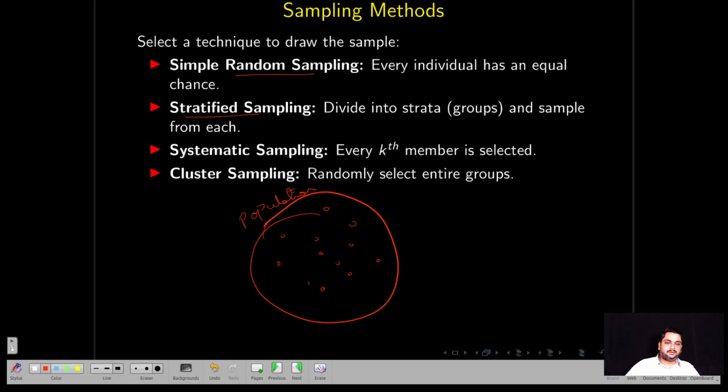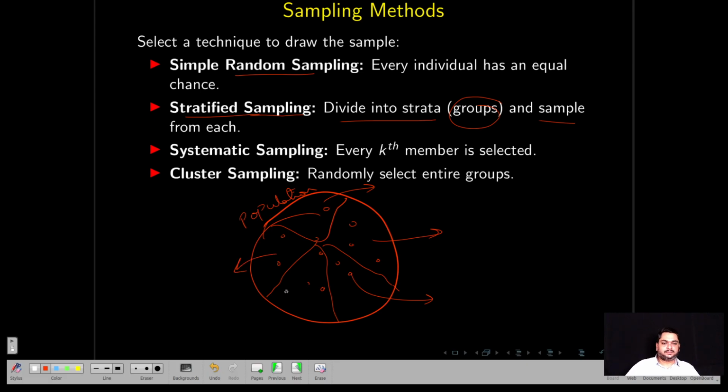Then there is stratified sampling. Divide into strata, or groups, and sample from each. Let us say I create some groups for this entire population. From this group you take one, from this group you take one.